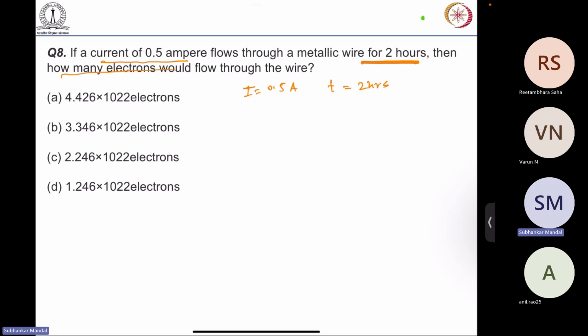Can anyone tell? Okay, Anil is telling D. Anil, can you tell how we can calculate charge from the current and time?